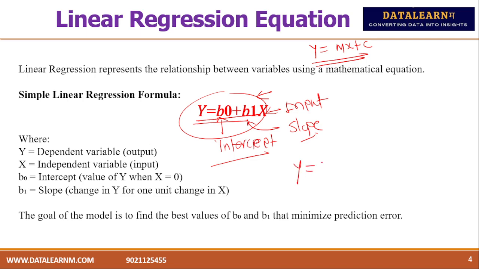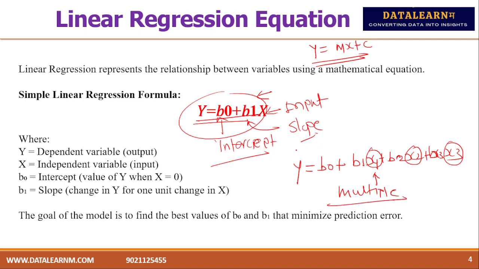If we write this formula as b0 plus b1x1 plus b2x2 plus b3x3, where there are a number of inputs, like house square feet, room sizes, number of rooms, that will be a problem of multiple linear regression.